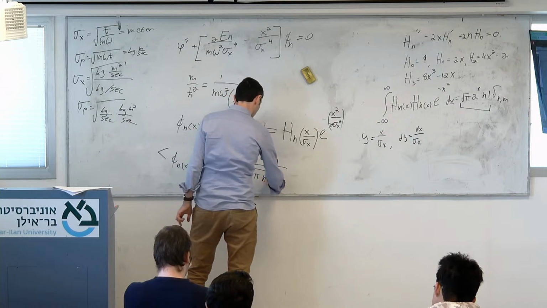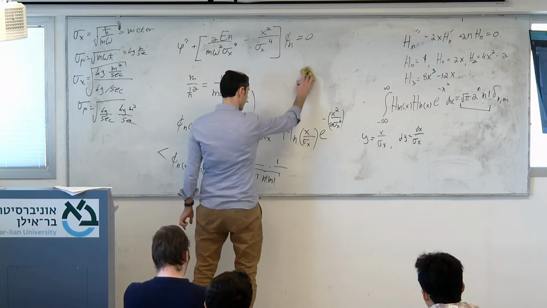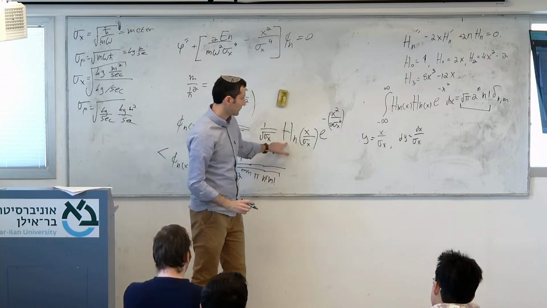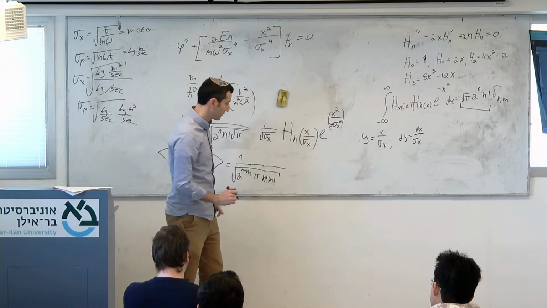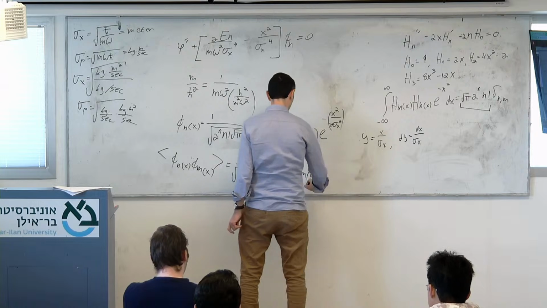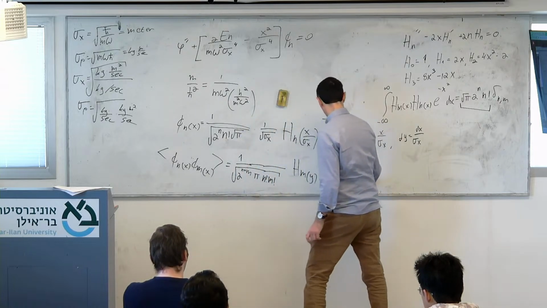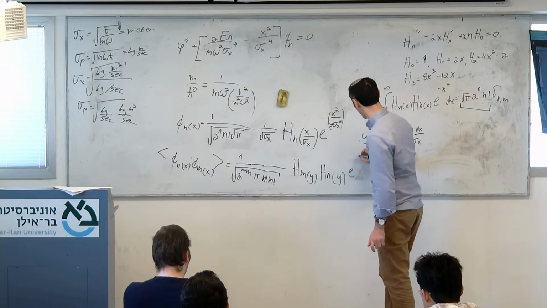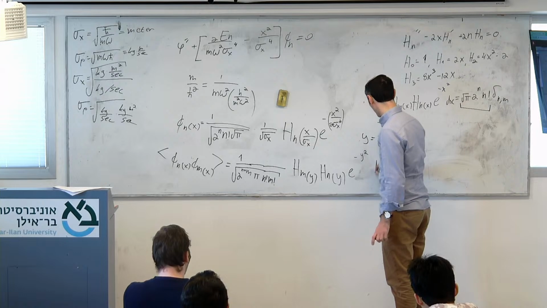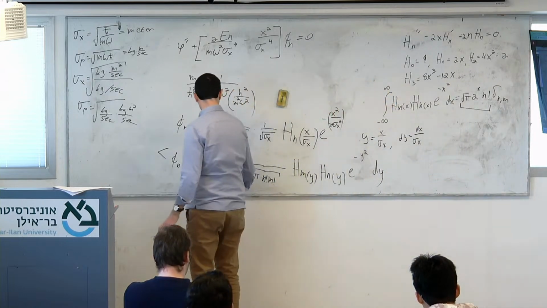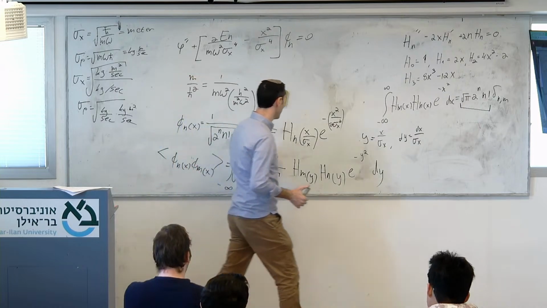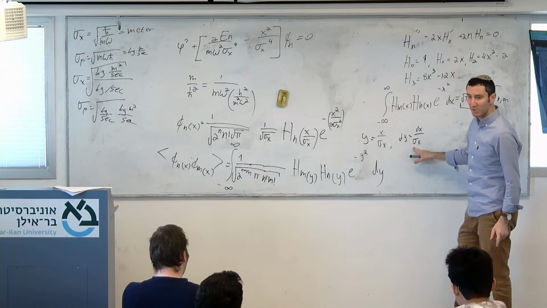So here, n factorial, n factorial. Now all I have left is the h and the exponents, right? h m of y, h n of y, e to the power of minus y squared. That's it. Of course, I forgot to write dy in the integral. And divided by sigma. No, because this is by the dy and the dx.